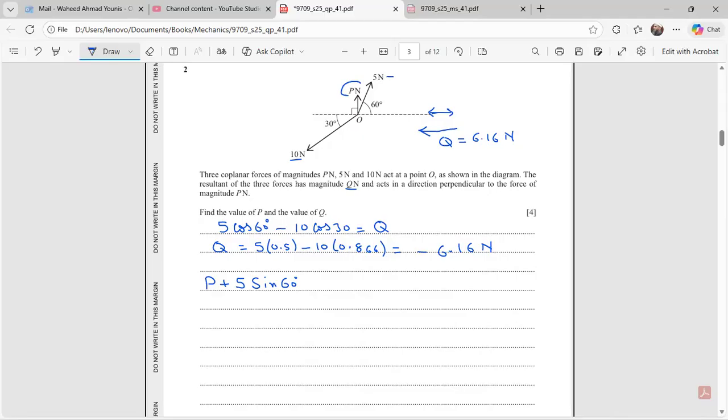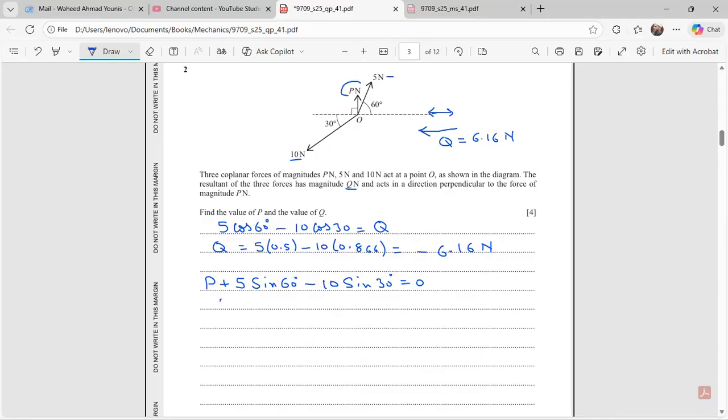These two forces are working vertically upward minus the vertically downward force is 10 into sine of 30 degree. Okay. And this resultant is zero because we are told that the resultant of all these three forces exists only in the horizontal direction. There is no vertical component of these three forces. So the sum of these three forces has to be zero.